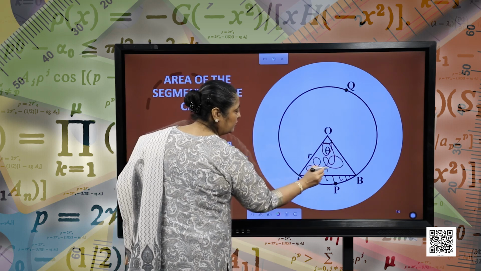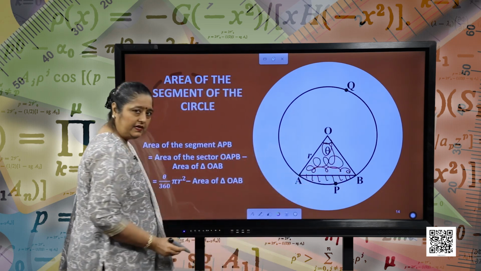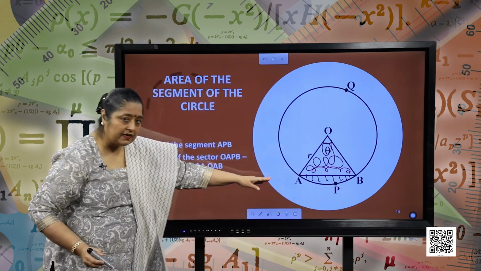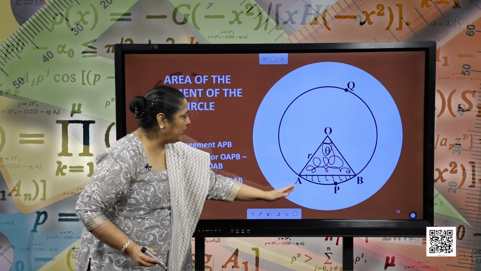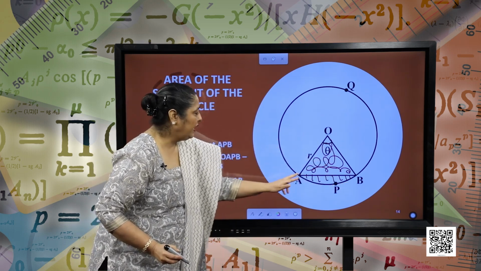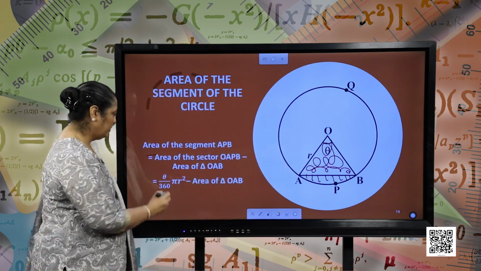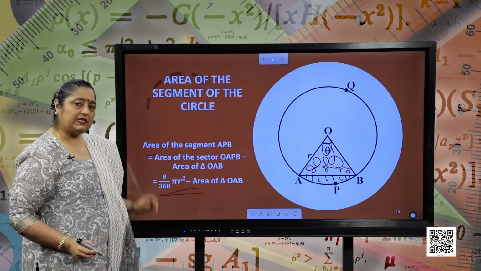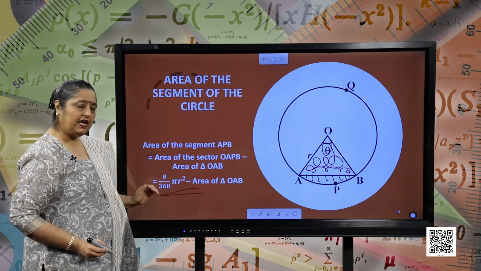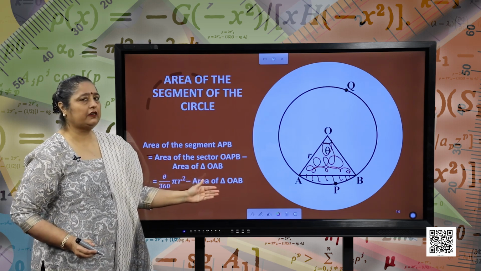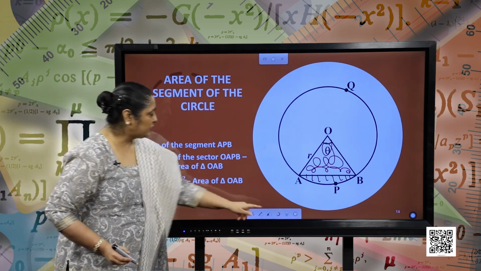So, we have the area of segment APB as the area of sector AOBP minus this triangle AOB. And we know the area of the sector is given by theta divided by 360 into pi r square, and the rest is just finding the area of the triangle. So, let us move forward.